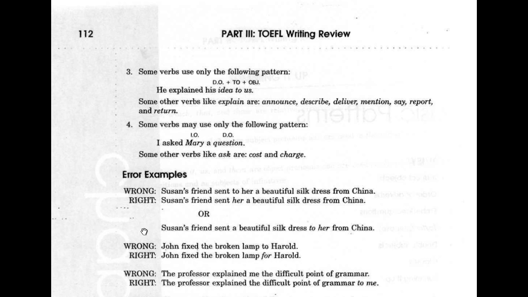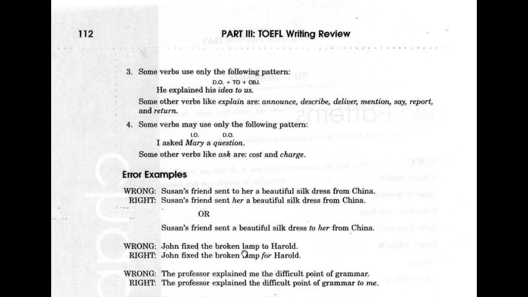Or it could be Susan's friend sent a beautiful silk dress to her from China. So when we put it in this form, where the indirect object follows the direct object, we use the word to.